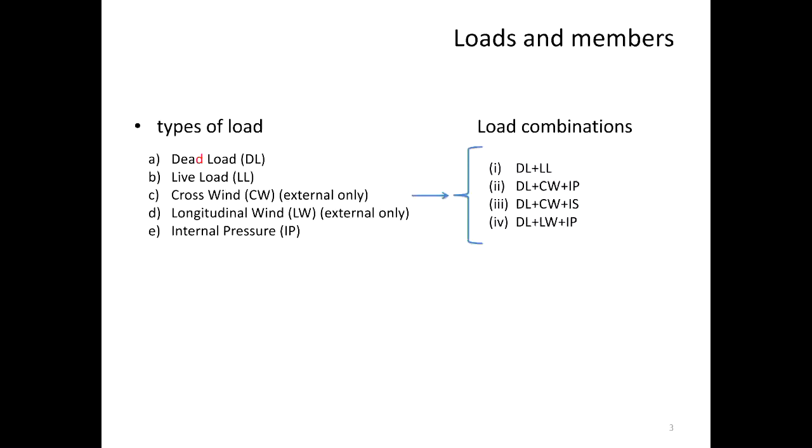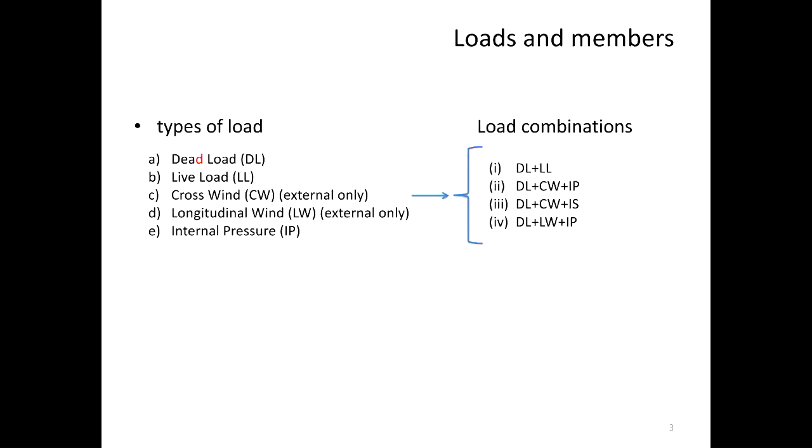Okay. So I think I spoke about the loads yesterday. These are the different loads which we looked at. I'm going to look at more loads today. Yesterday we talked about dead and live load, which is the general load. We also have what we refer to as a crosswind load and the longitudinal wind load. And then I spoke as well about internal pressure. Remember that? You have wind coming in, pushes the structure outwards and upwards.